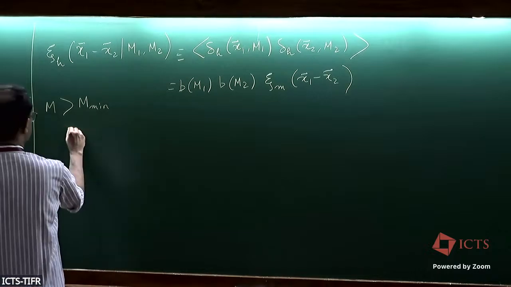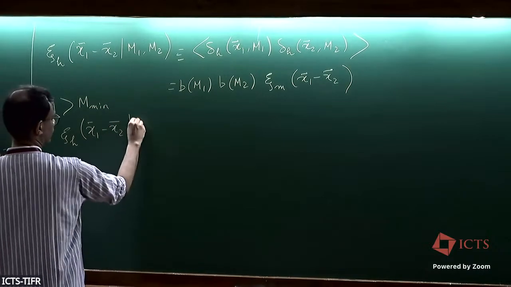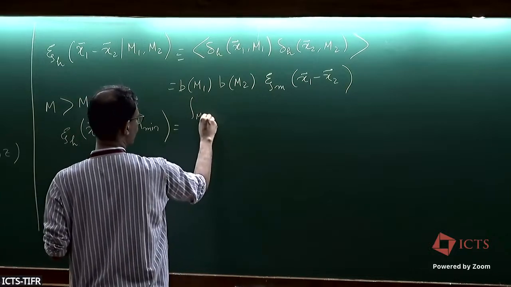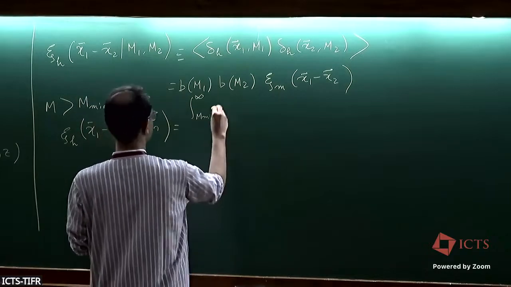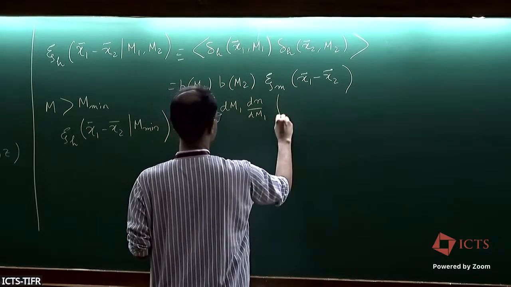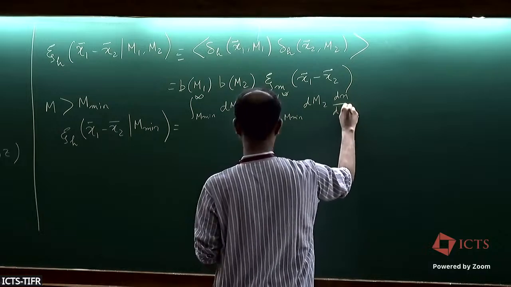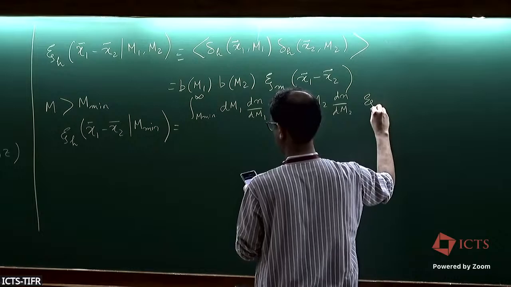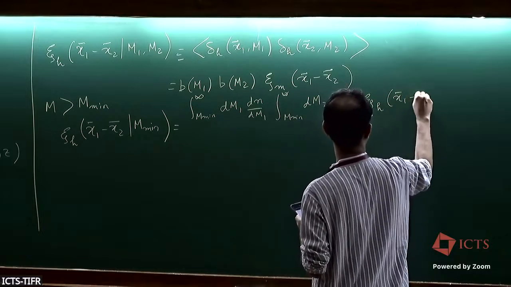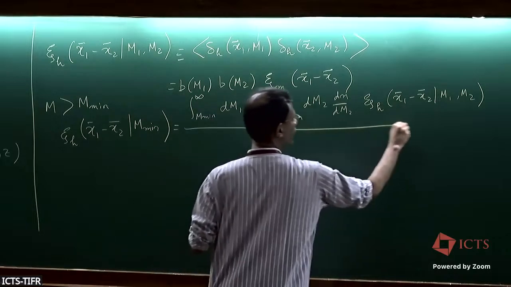In that case, this quantity, the 2-point correlation function of x1 minus x2, let us say writing just as m min, will be basically you have to average over all halos: the integral from m min to infinity of dm1 dn/dm1, then again m min to infinity, dm2 dn/dm2, psi halo of x1 minus x2, m1 m2, and then you have to ensure that you take the average properly.